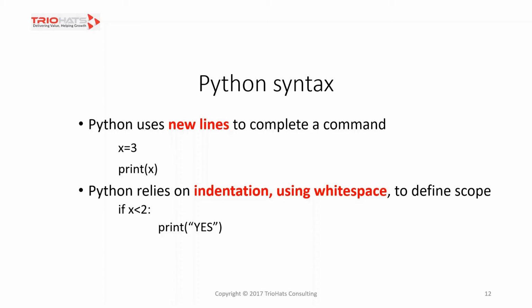For example, this is an if statement. In this situation, you'll have the indentation and you have to use the colon here. Once you type the colon and hit enter, the cursor will automatically move to the indent space and then you can write the second line.